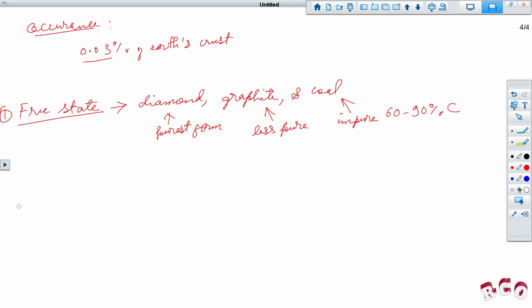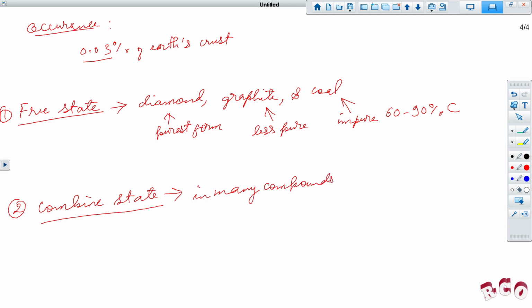And then in the combined state, in what form is it present? It is present in many compounds. In the combined state, it can occur in solid form, in liquid form, and also in gaseous form.